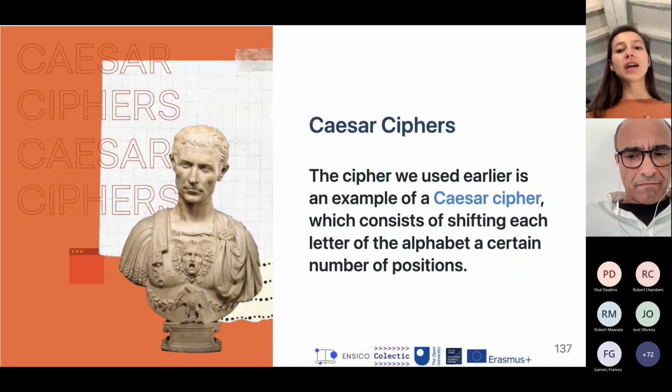And these types of ciphers are called Caesar ciphers, which consist in moving or shifting each letter of the alphabet a certain number of positions. In this example, we moved each letter one position forward, but we could move 3 or 4 or 17, whatever we wanted.